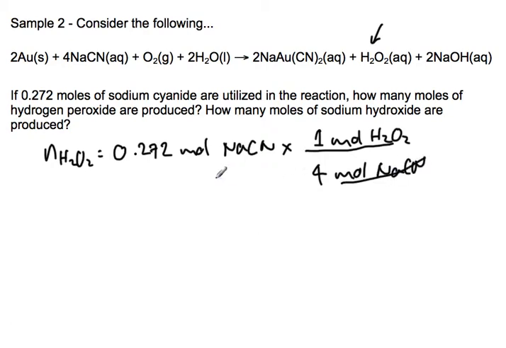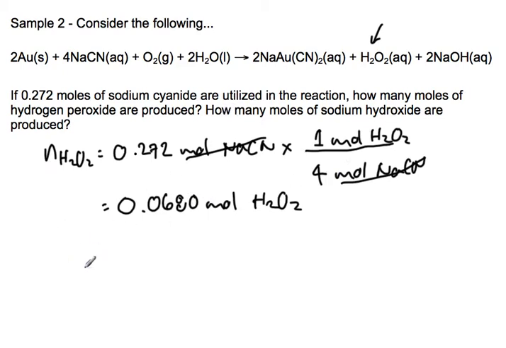And again, moles of sodium cyanide divide out, and we're left with 0.272 moles divided by 4, and that equals 0.0680 moles of hydrogen peroxide. Okay, so the correct equation factor gives us the correct number of moles.